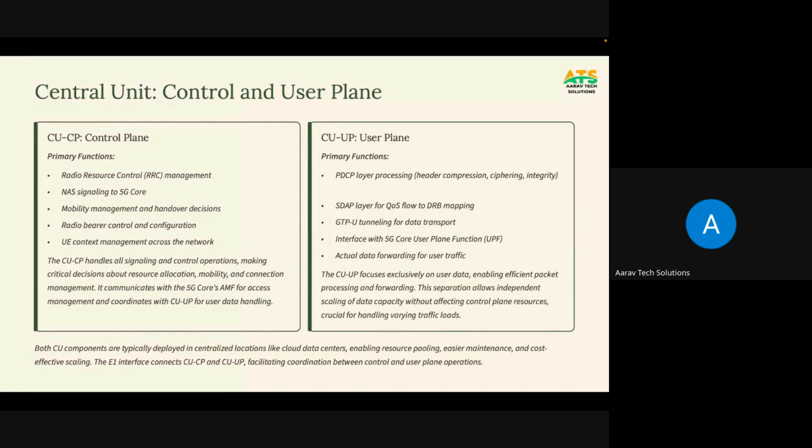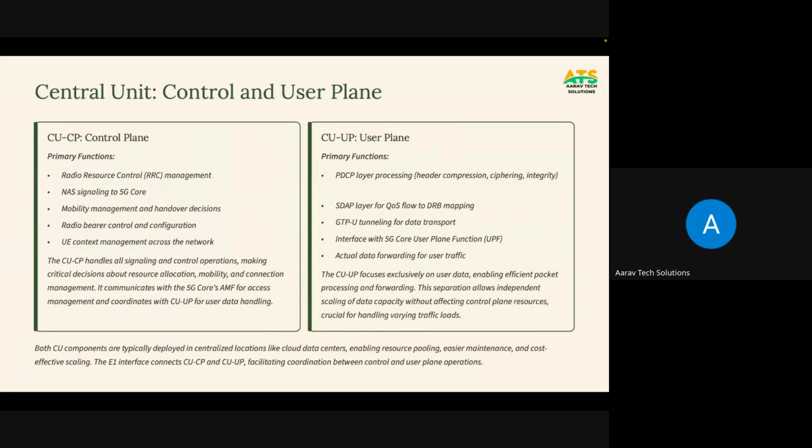While talking about the CU-UP, this component handles the actual data forwarding for user traffic. Among its functions is PDCP, the Packet Data Convergence Protocol layer, which handles header compression, ciphering, security, and integrity.